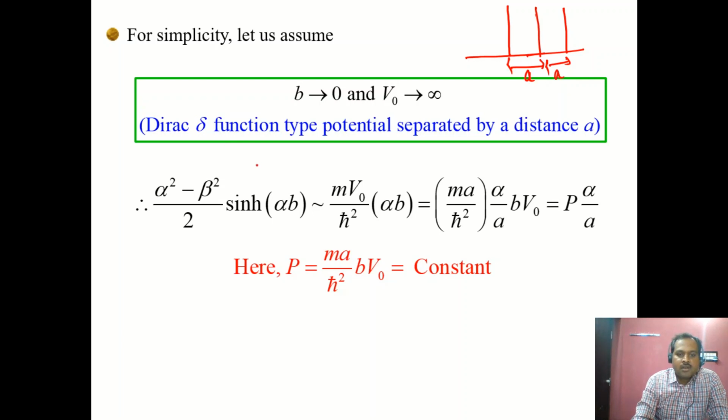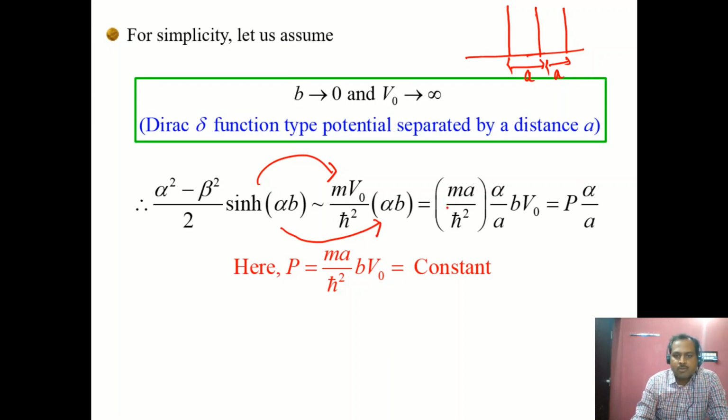That is, now we can write alpha square minus beta square by 2 alpha times sinh alpha b, and this will be reduced to m V naught by h cross square times alpha b. I am not going into the details of the mathematics, so we can cross check it.